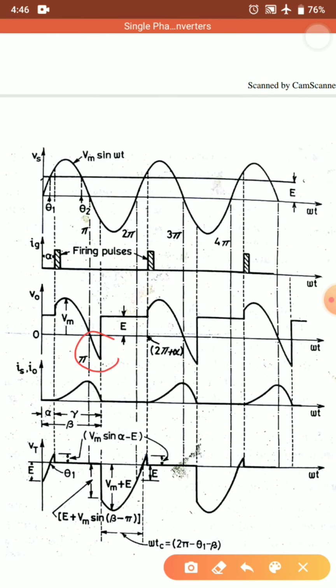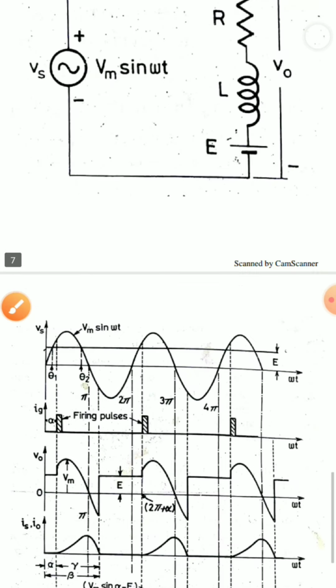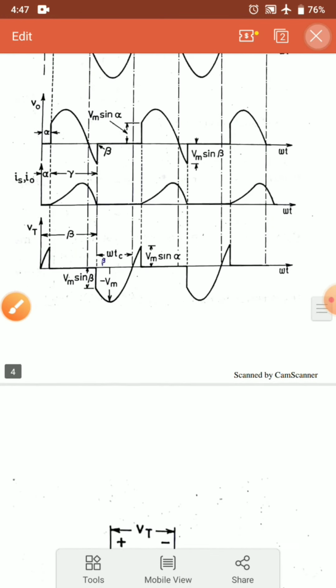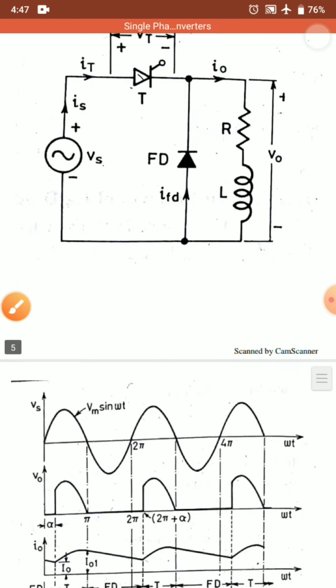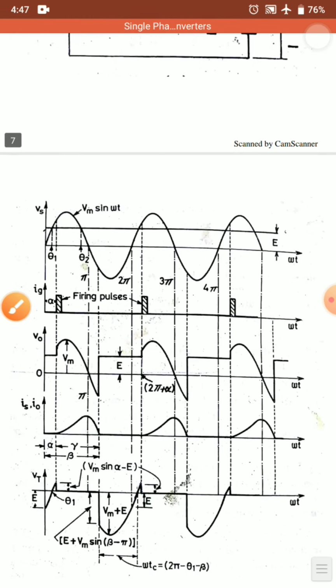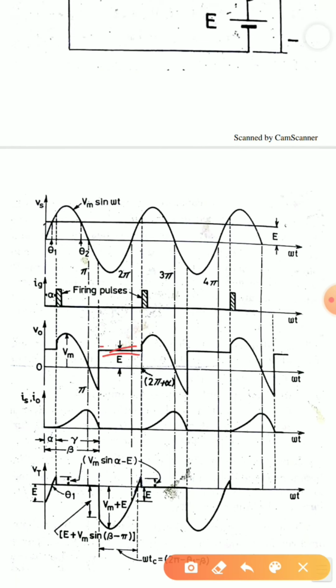In the previous diagrams, this level was 0, but here in the RLE load, this level is not 0. It is maintaining an E level, because a source E is already connected, supplying voltage up to this level. So I will not get any 0 levels.